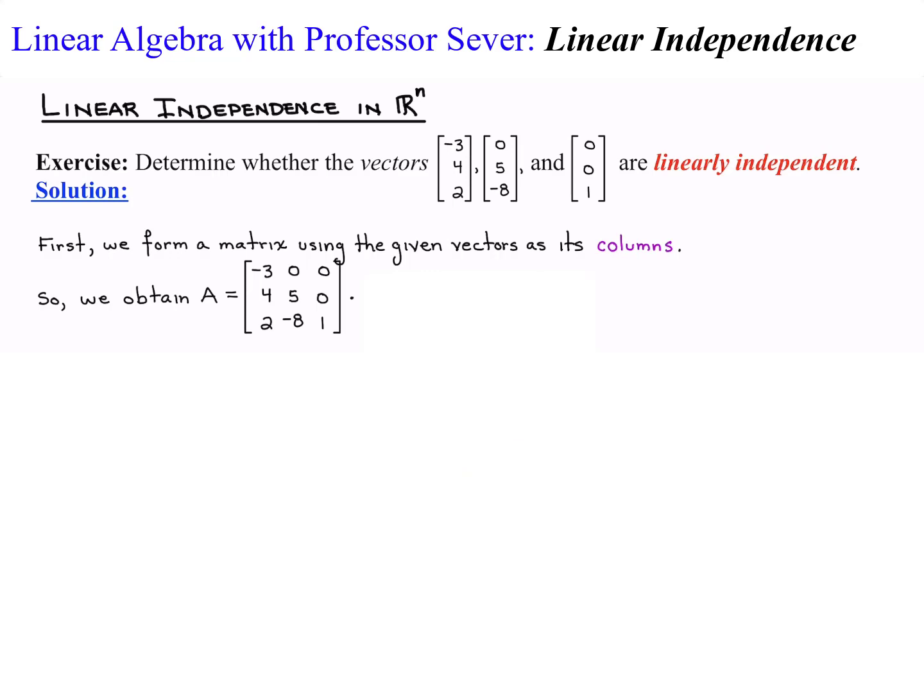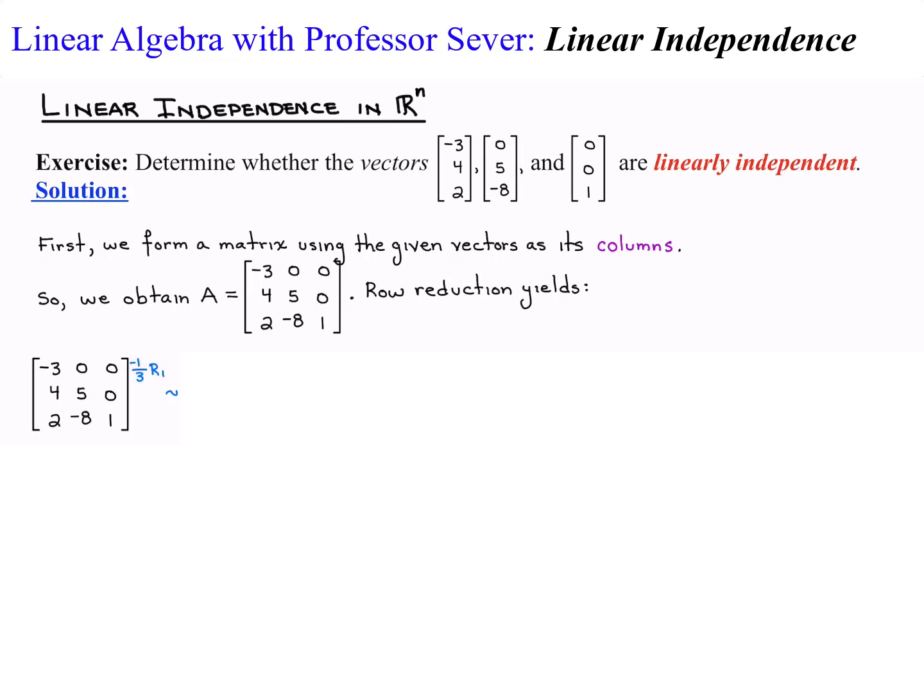Let's begin this process. The first thing we see is that we need to produce a 1 in the upper left corner, in the 1, 1 entry of the matrix. To do this, we use a type 2 elementary row operation, which is we multiply row 1 by negative 1/3.